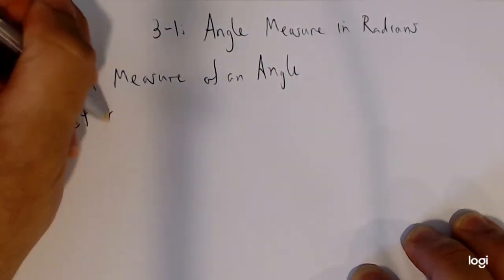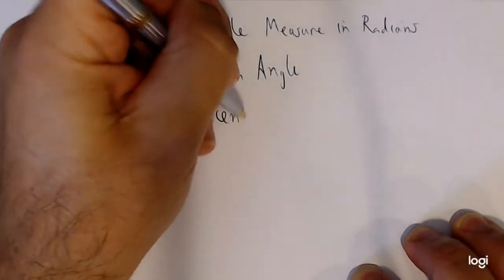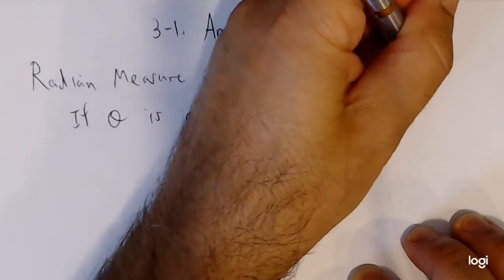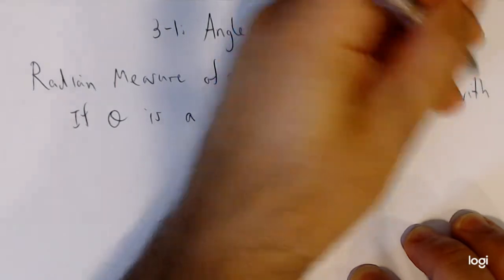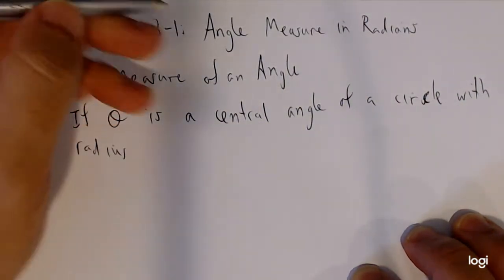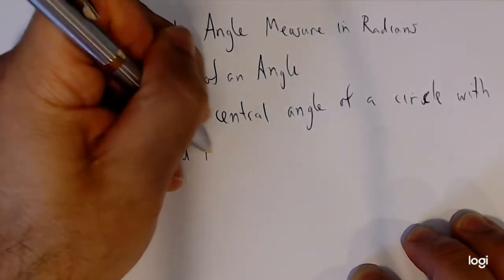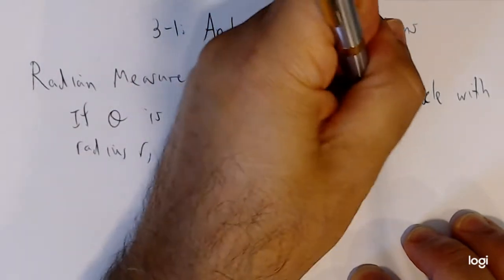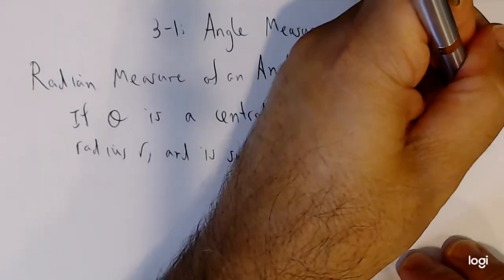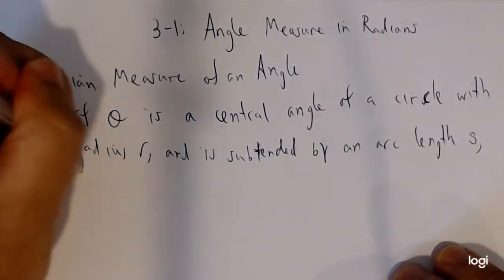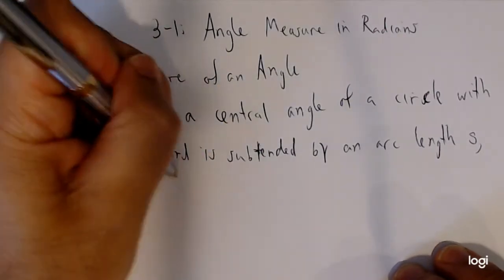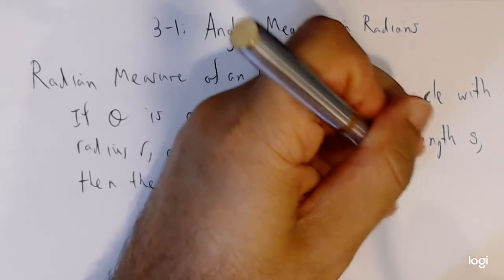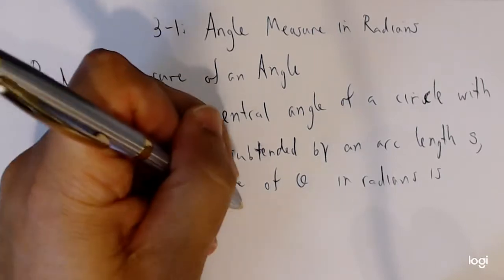We would say if theta is a central angle of a circle with radius r and is subtended by an arc length S, then the measure of theta in radians is defined as theta is equal to S over R.